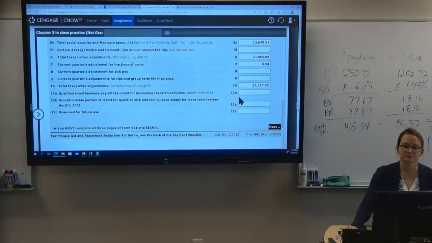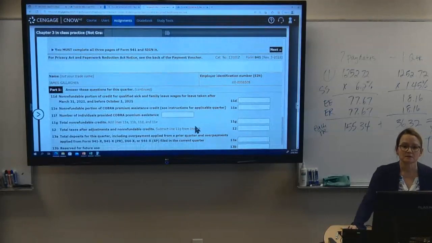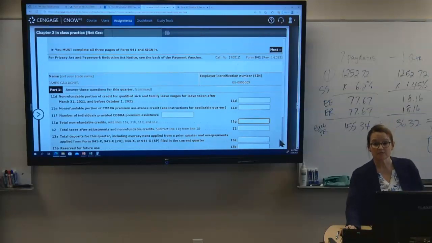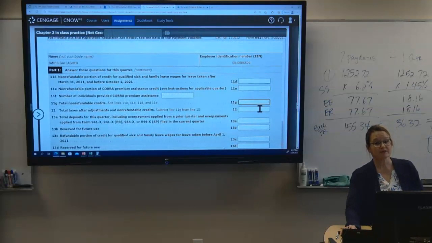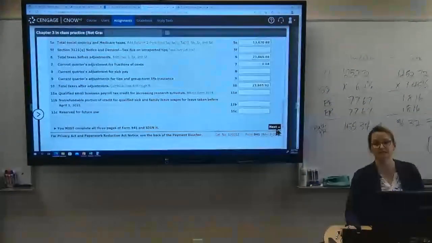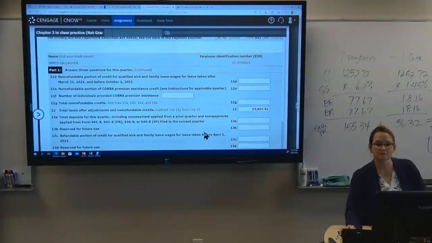Let's see, reserved for future use, we don't want. So no non-refundable credits, and I don't know if they want, sometimes they want you to actually put the number in, even though it's a 0. I'm going to leave it blank for right now and see what it does. If it tells me that it's wrong. 23,865.92 is the amount that we would put in line 12.